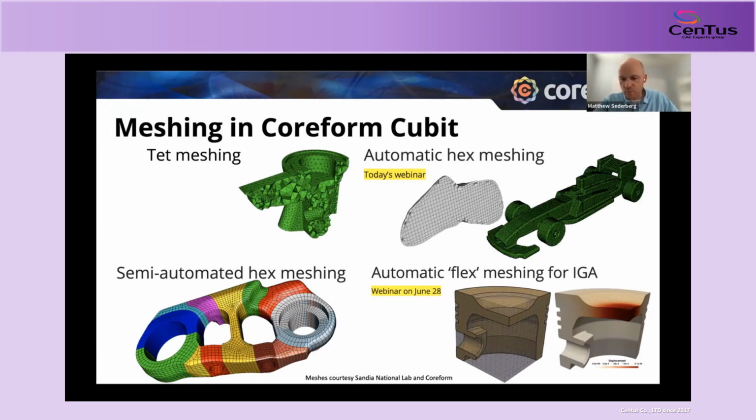This is what we're very invested in at Coreform, is developing a new isogeometric analysis solver that can run simulations directly on CAD models by immersing them and fitting high quality, higher order smooth spline hex meshes to those models. And so if this is something that you are interested in, we'll have another webinar on this in a month. But today we'll be focused on the sculpt automatic hex meshing functionality. And so with that, I'll turn the time over to Greg.